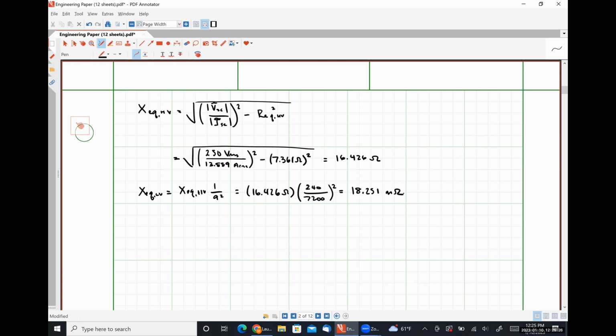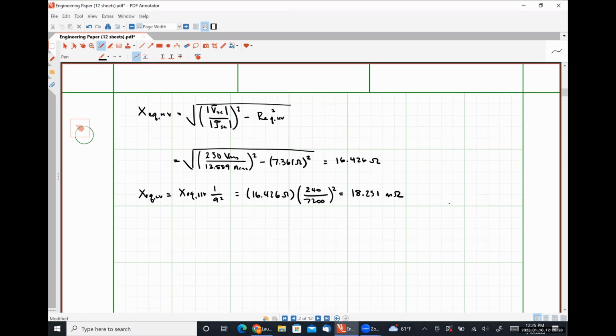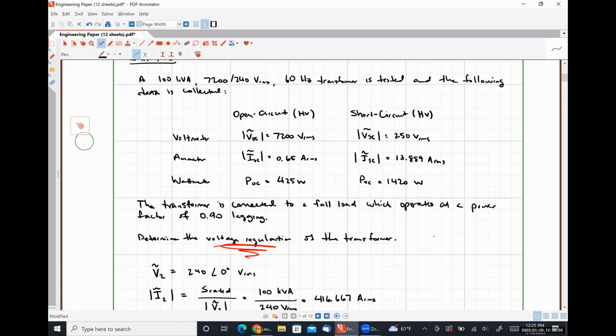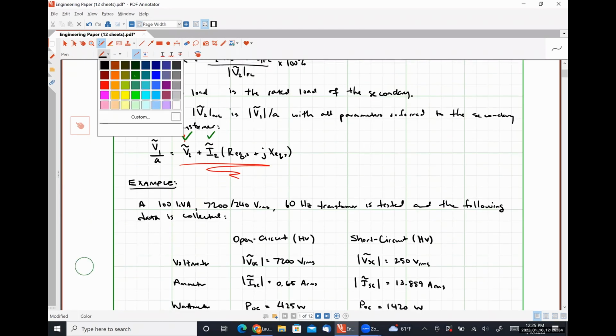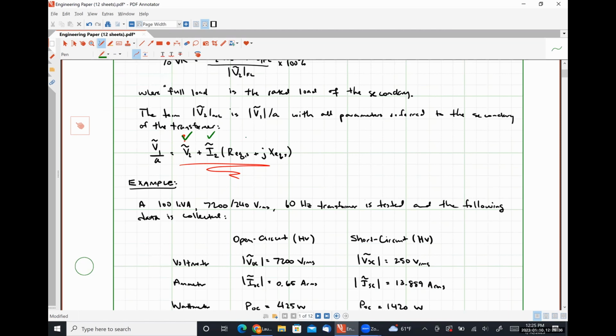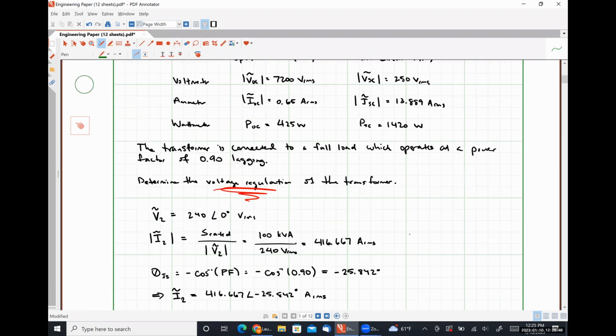So we now have all of the different parts of this portion. We just figured out what REQS is, because that's the REQ on the low voltage side. We figured out what XEQS is, because that's the XEQ on the low voltage side. So we have that whole quantity V1 over A.